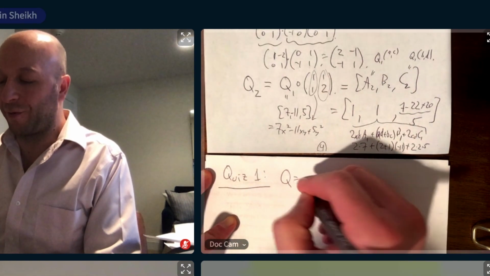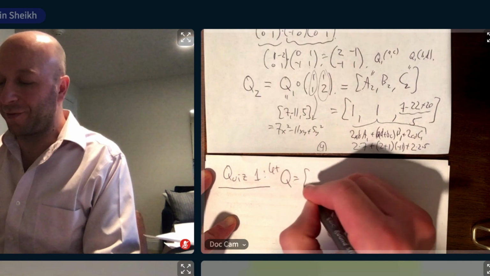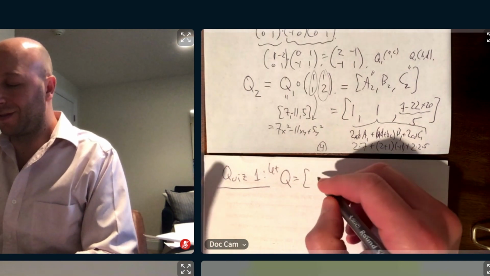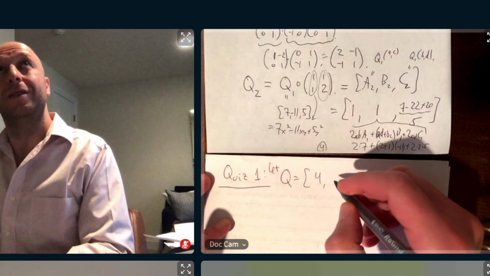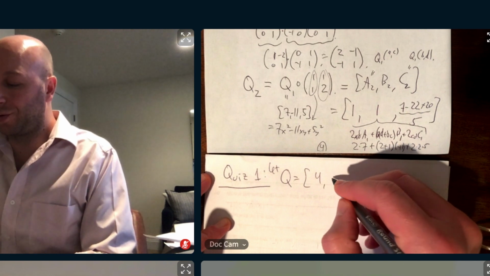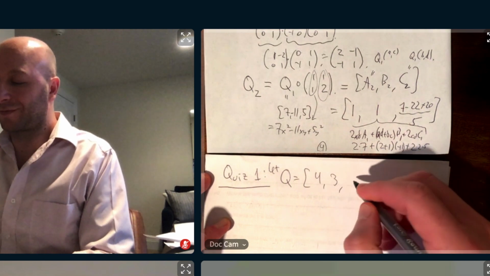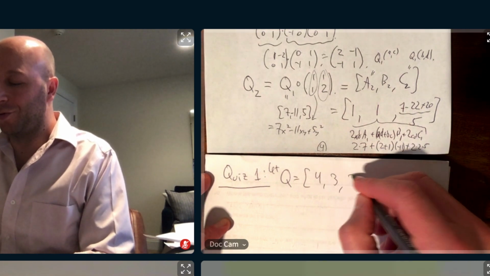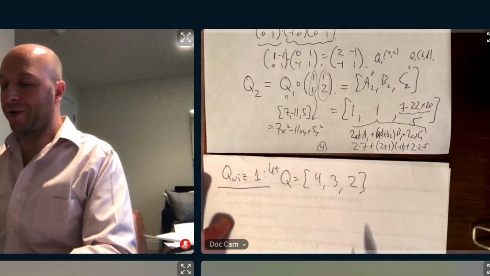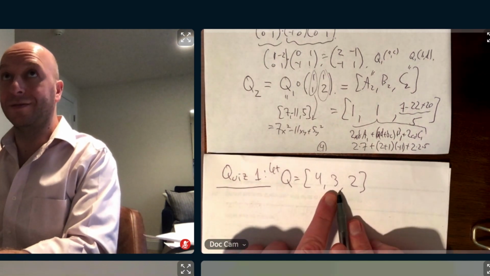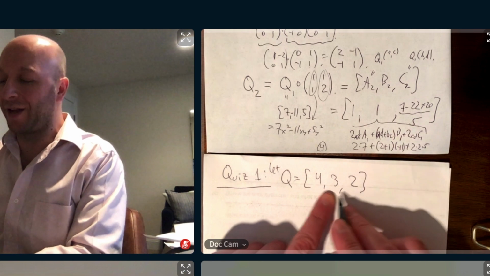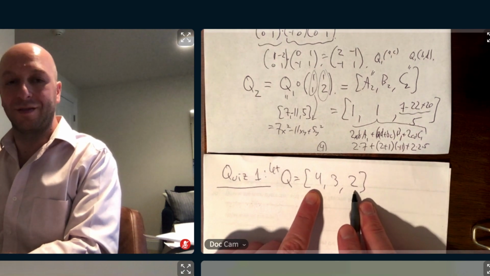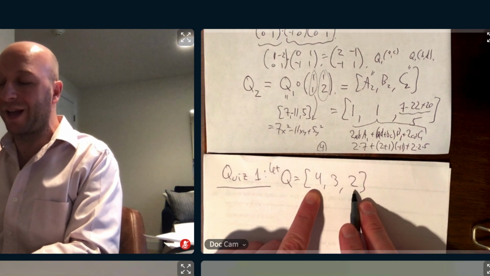Here's a quadratic form. Let Q equal, I don't know, 4, 3, and 2. That's a nice quadratic form. Its discriminant is 9 minus something. Okay, so this is going to have negative discriminant.